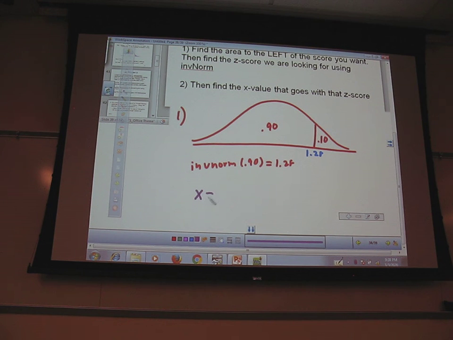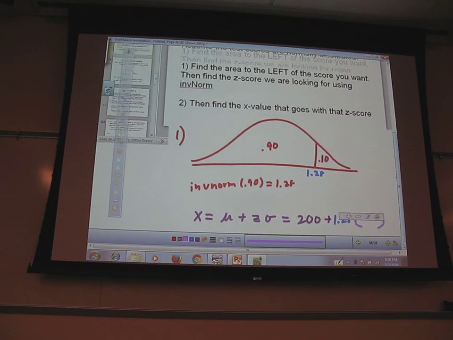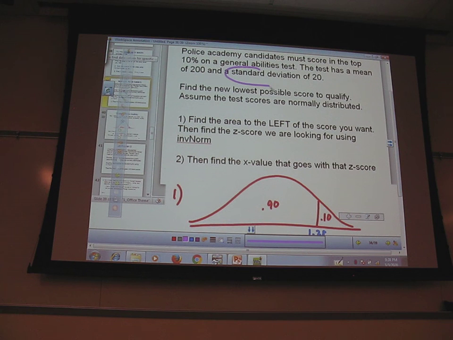So my x value is equal to my mean, 200. You know what, maybe I better give you guys the whole thing. It's equal to my mean plus my z-score times the standard deviation. So my mean is 200, my z-score is 1.28, and my standard deviation is, what's the standard deviation? Standard deviation of 20.